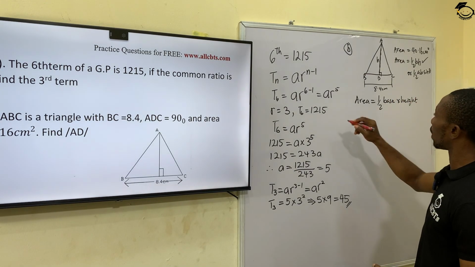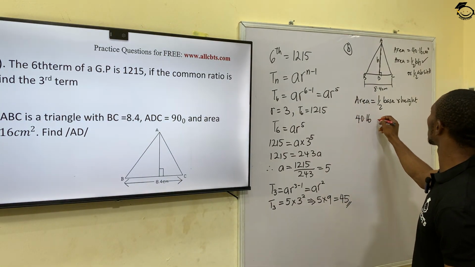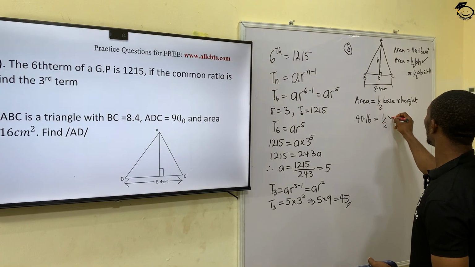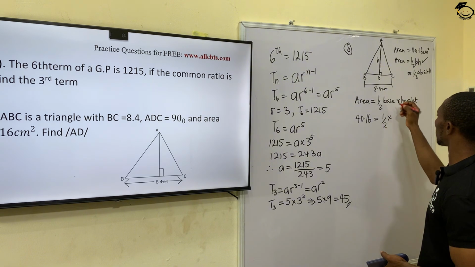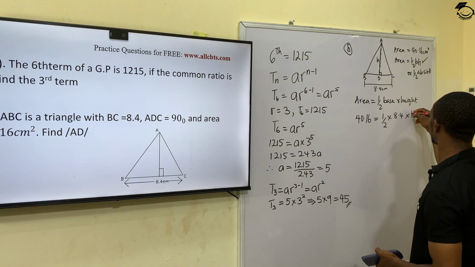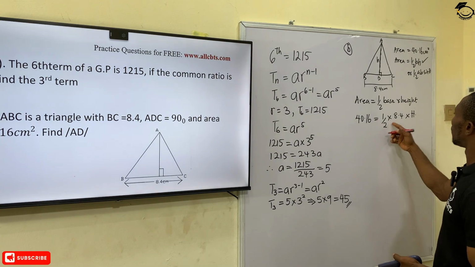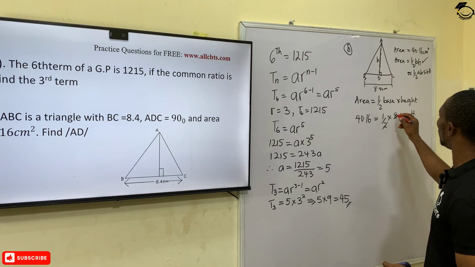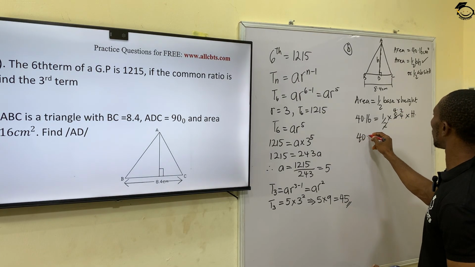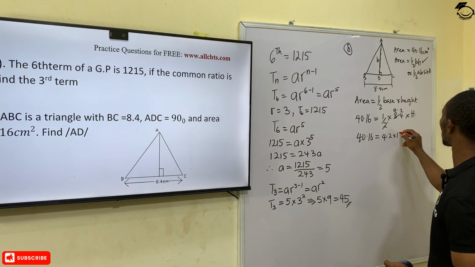Area is already given to us as 40.16, equals half times our base 8.4 times our height h. So now we can divide this to be 4.2. We have 40.16 equals 4.2 times height.